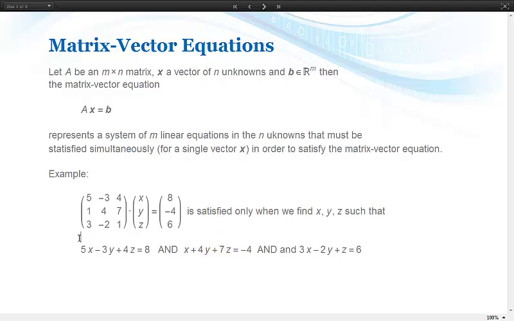And the third dot product says that 3x minus 2y plus 1z equals 6. And so this matrix vector equation is satisfied only when we find values of x, y, and z that satisfy all three of these equations. And that's the beauty of this compact form. It encodes a system of equations that need to be satisfied together.